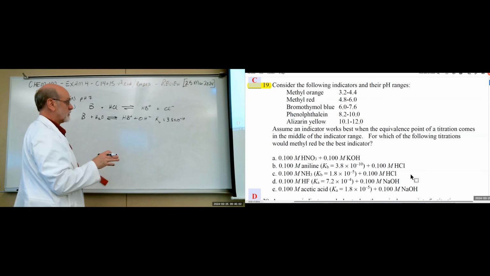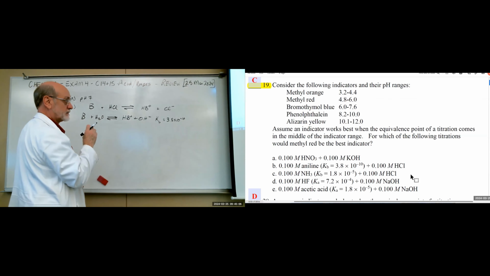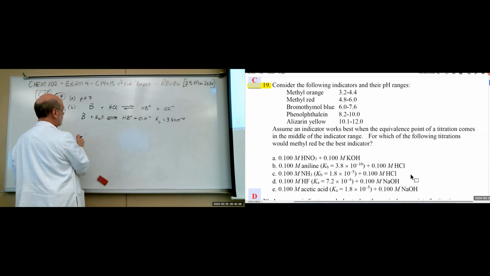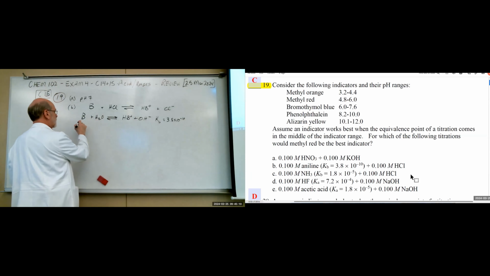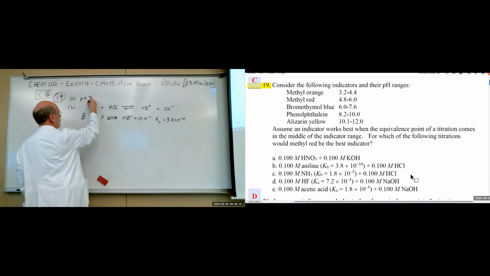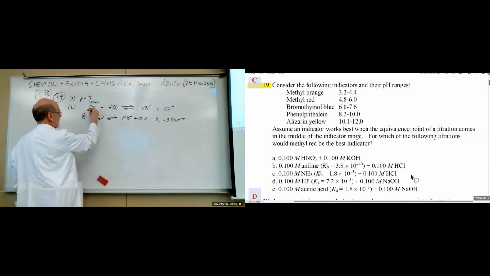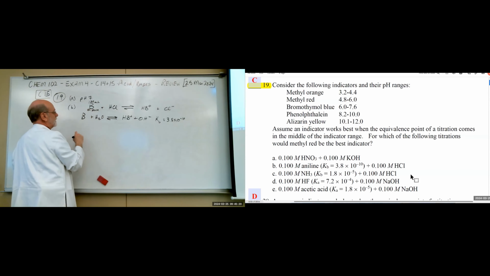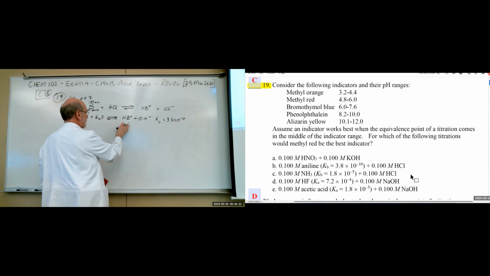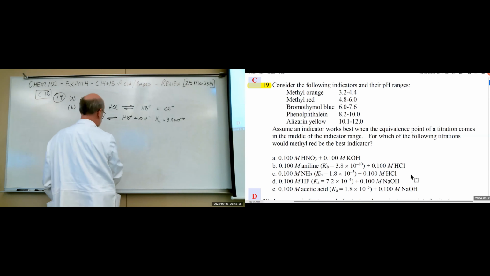So once we've got equivalence with 0.1 molar aniline, then if we go again with 100 milliliters, right, of 0.1 molar aniline, then we're going to end up with, no, that's not right.